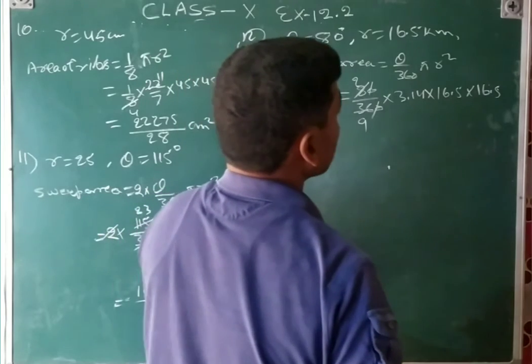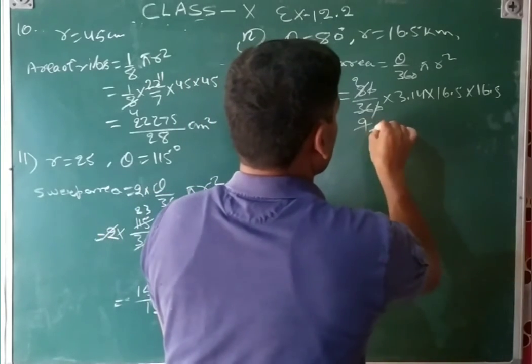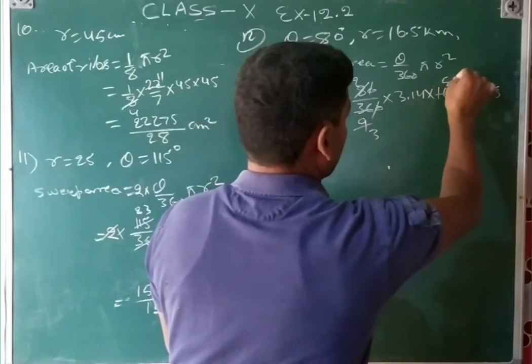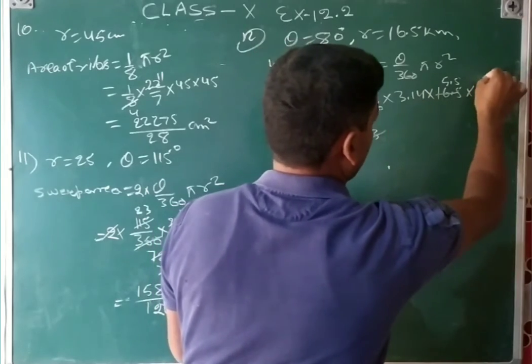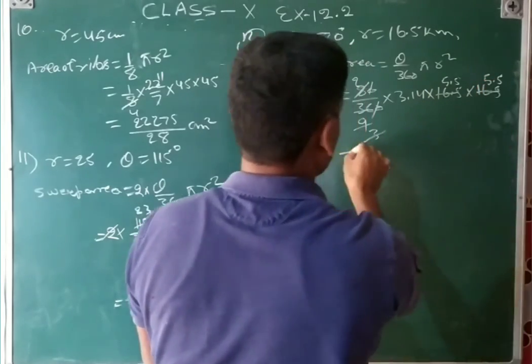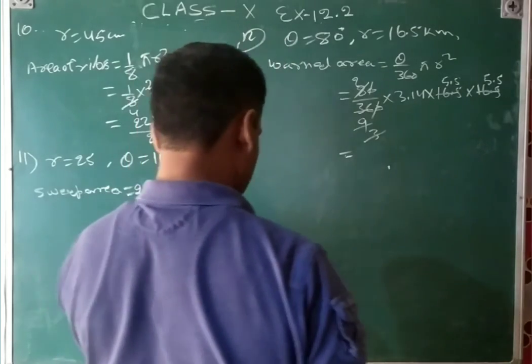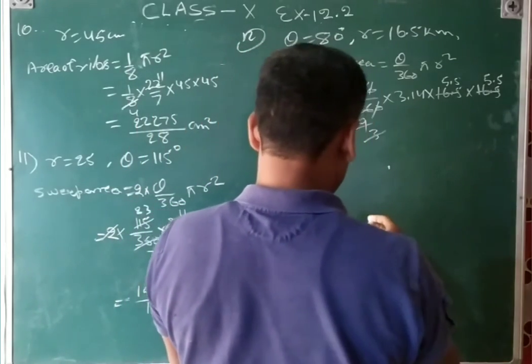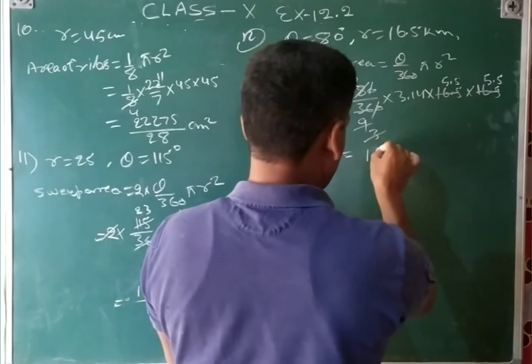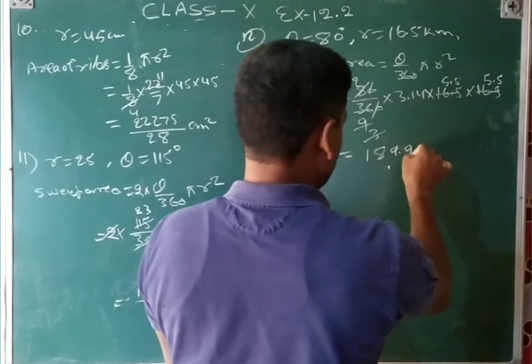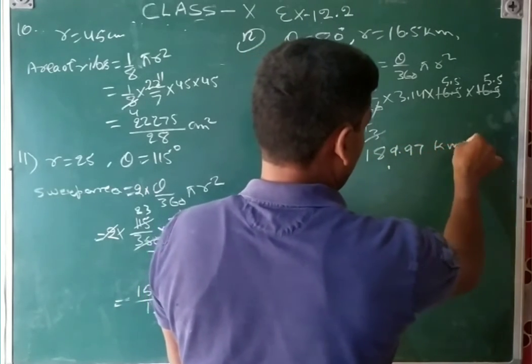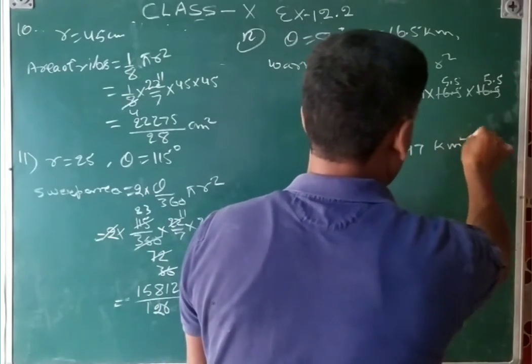Then after 3 3 ja 3 5 ja 3 5 ja, by the multiply of that one, that will become 189.97 km, kilometer square.